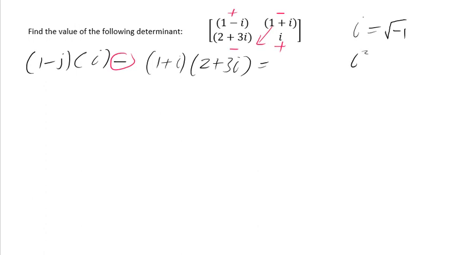So i squared will be equal to minus 1, because if you square both sides, the square root and the 2 cancel, and you have minus 1. Okay, so let's expand this equation.